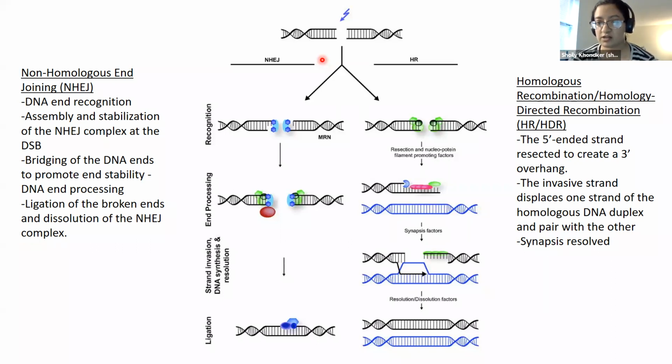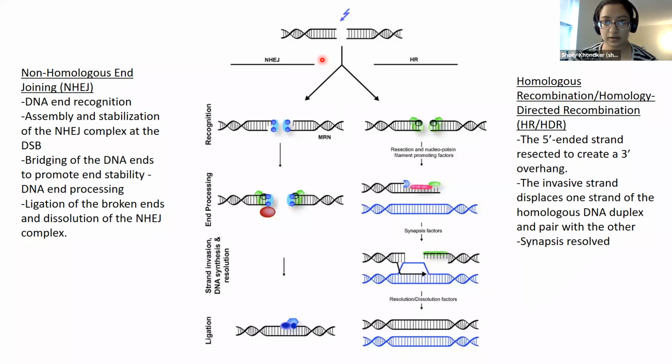For homology-directed recombination to occur, the cell needs to have a replicated copy of DNA. So it has to be after DNA replication has completed, but before the replicated copies of DNA have separated.